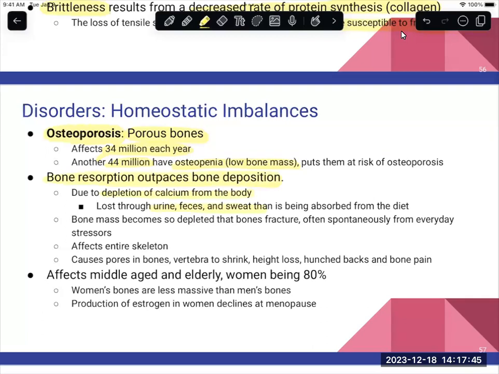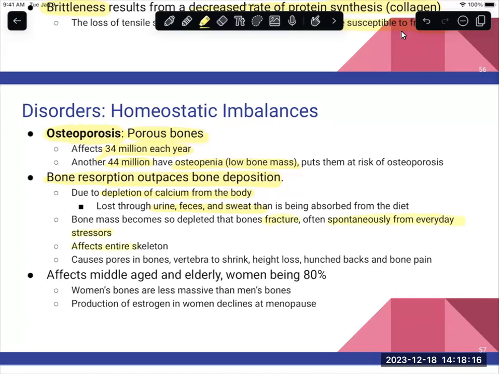As that bone mass goes down, fractures are a lot more common, and they can be just spontaneous from everyday stressors. Like I mentioned with those compression fractures in the spine, just going from sitting to standing is enough of a change.